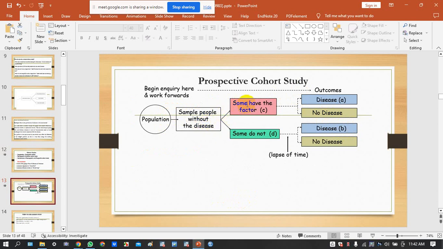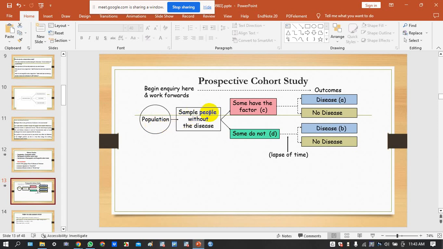Some have the factor that causes the disease, some do not have the disease. Whenever you see outcome, the outcome is what? The end result of you being exposed to something. So we say begin inquiry here and work forward. The population is the participants or the study cohort.